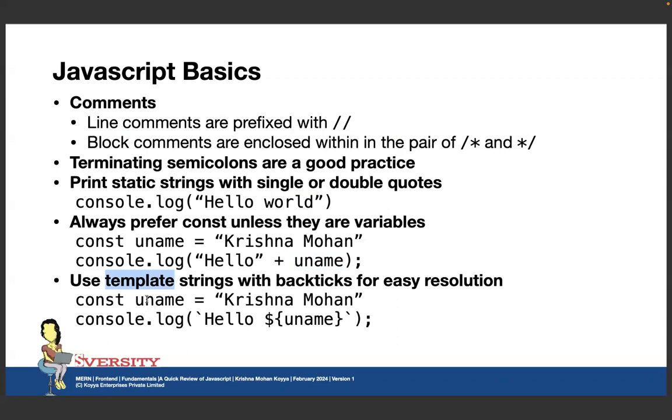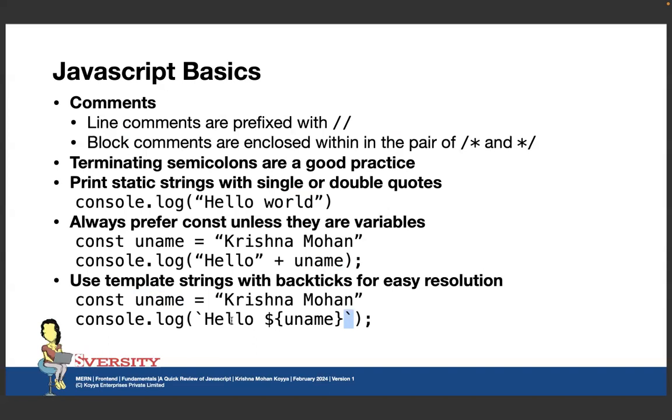For example, I am declaring a constant called uname with a value Krishna Mohan here. And in the console log, I am giving backticks. See, the symbols are backticks here. You see it just below the escape key on Mac machines or wherever. Just check where it is.